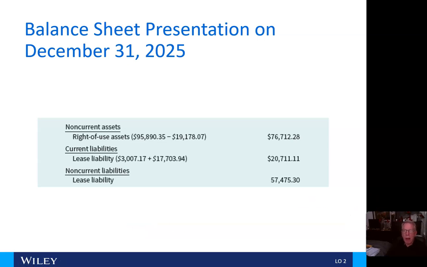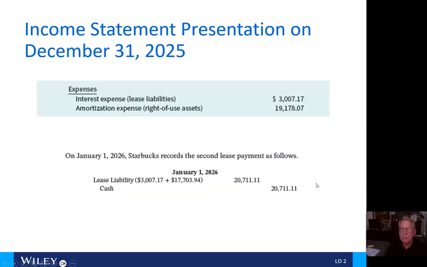Okay, so if we look at the balance sheet presentation, here the non-current assets are shown, the current liabilities are shown, and the non-current liabilities are shown. And for expenses, the interest expense, the lease liability, is shown here, and the amortization expense, right of use assets, is shown here.